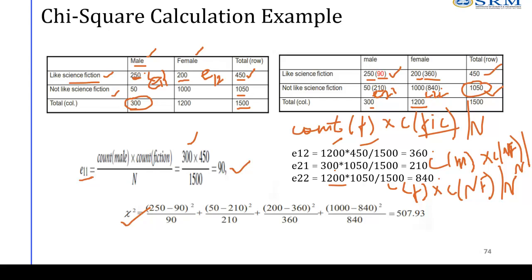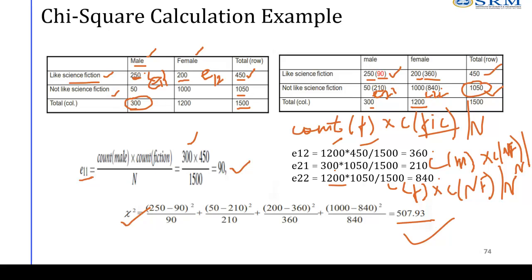For each cell, it will be (250 minus 90) squared divided by 90, plus (50 minus 210) squared divided by 210, plus (200 minus 360) squared divided by 360, plus (1000 minus 840) squared divided by 840, which is nothing but 507.93. This is the correlation between male and female, who like science fiction and non-science fiction.